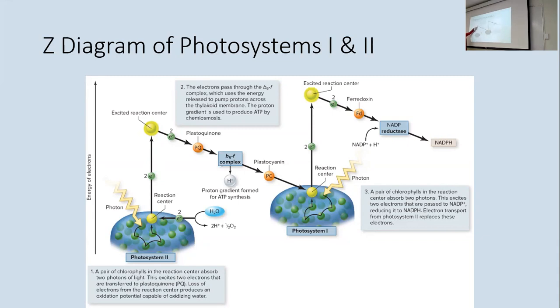We've got this super high energy electron, and we pass it through a carrier to photosystem 1. Again we hit it with more photons, and this time, because we haven't used it all up yet, we add the same amount of energy. So we end up, in this stepwise way, with a more excited electron than we had the first time, and it goes through NADP reductase to make NADPH.